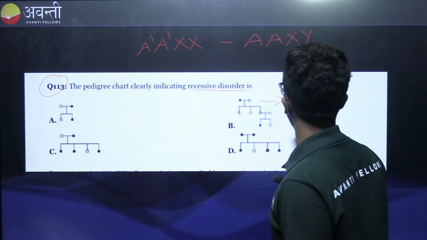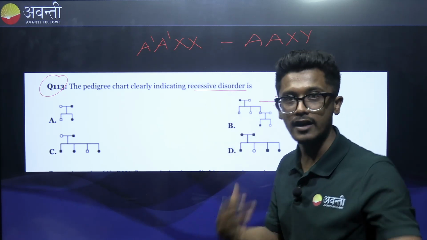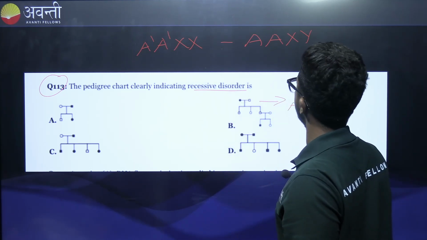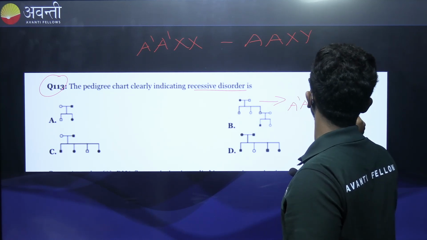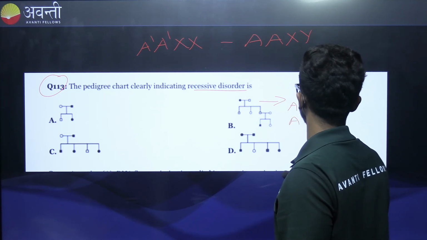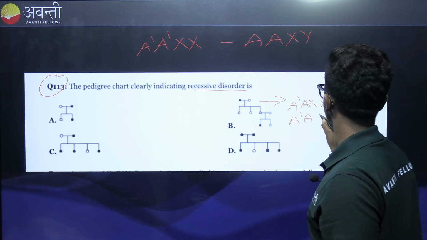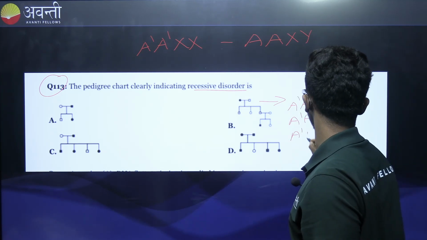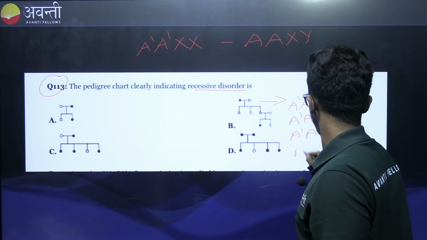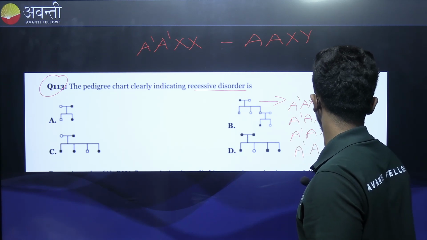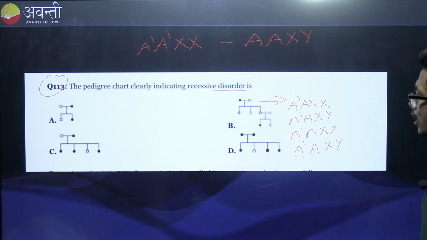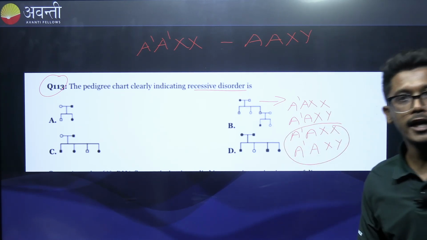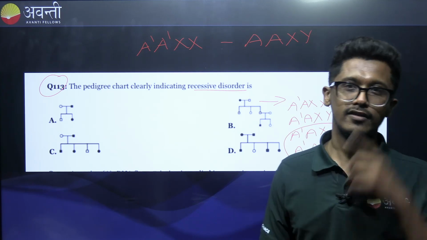If I translate this into the next generation, I will get A dash A XX, A dash A XY, and so on. Here we can see that both the XX and XY individuals are carriers of this disease.